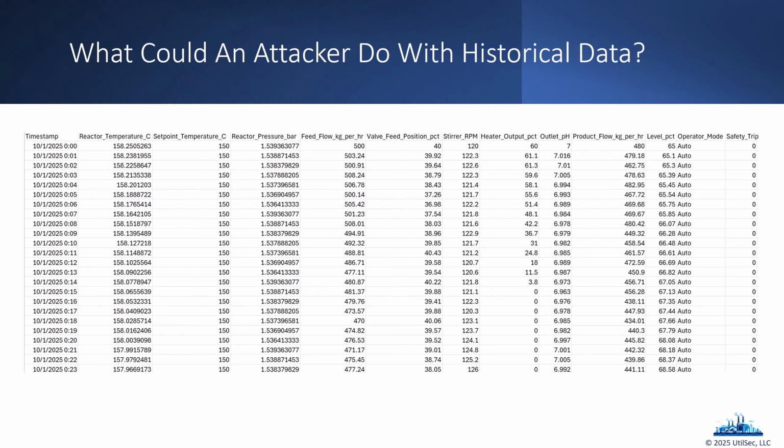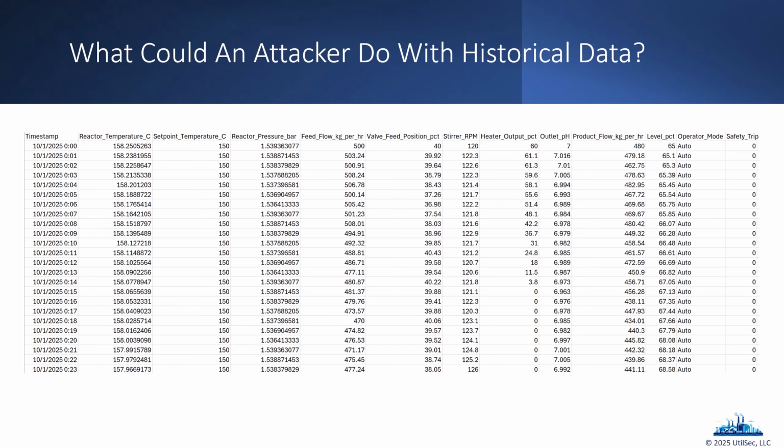If I look at that heater output percentage, it's about 61, and then it starts to drop, and then it bottoms out. That's interesting. Is there some type of correlation to some other change in the environment? That's what we're trying to do when we're reverse engineering the environment.